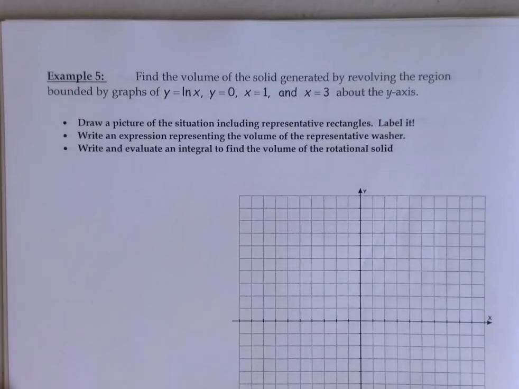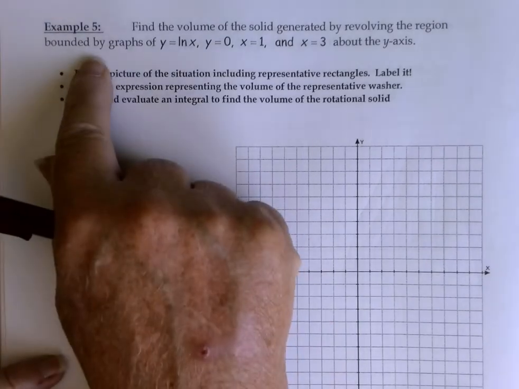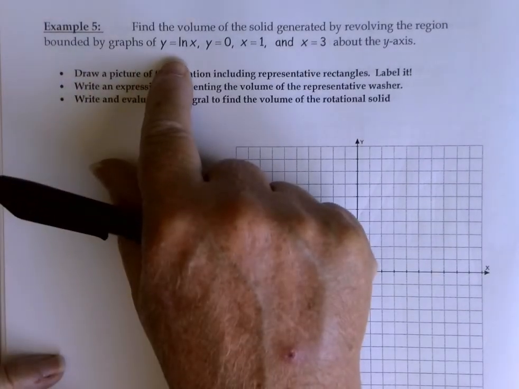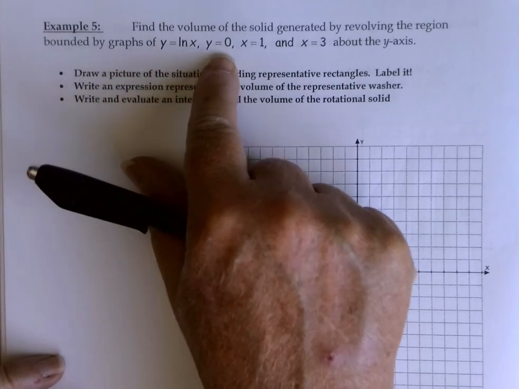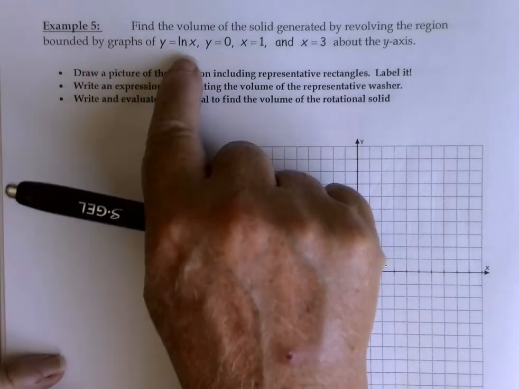All right, let's take a look at example 5. This time I want the volume of the solid generated by revolving the region bounded by the graphs of y equals ln x, y equals 0, x equals 1, and x equals 3 about the y-axis. This one I can probably graph by hand.